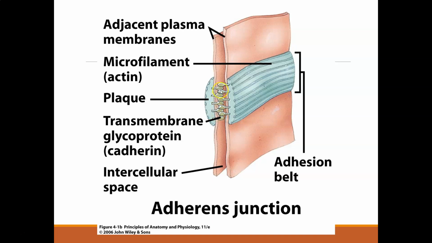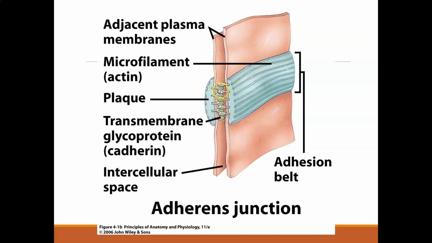And we have these transmembrane glycoproteins here. In this case, they are called cadherin. If you look at any glue out there that you use to glue things together, most of them tend to have protein as part of them. So the cells are utilizing proteins to create a bit of a glue.